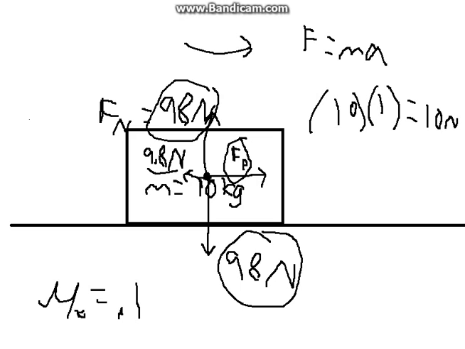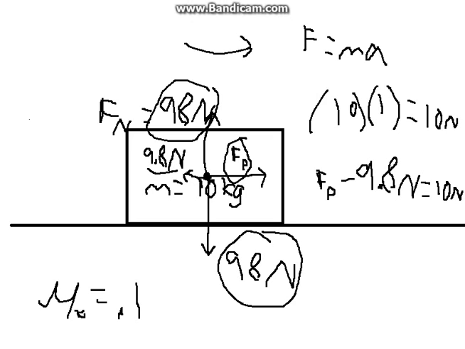So to overcome the force of friction, we have F sub p, our pushing force, and we need to subtract 9.8 newtons, and this will give us our net force, 10 newtons.